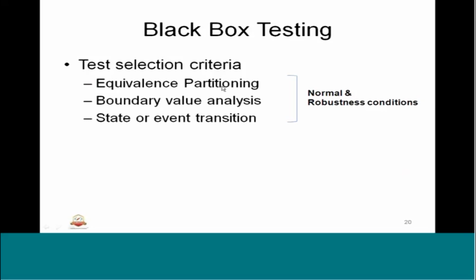So we know the requirements, what are those inputs, how it's going to be tested. All this should be covered under one of the criteria, or we should have the criteria used for selection. These selections are primarily based on normal or robustness conditions. We will detail out all these things in the next slides, and it will be in the next class.